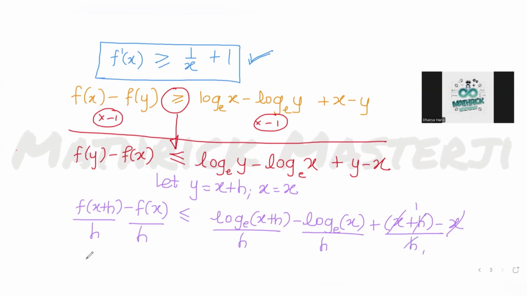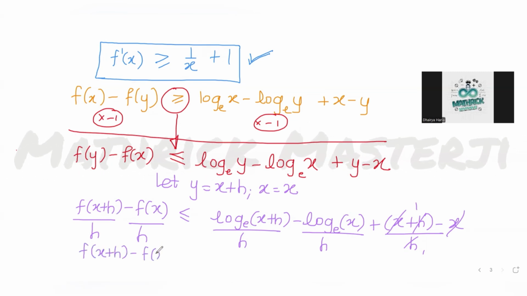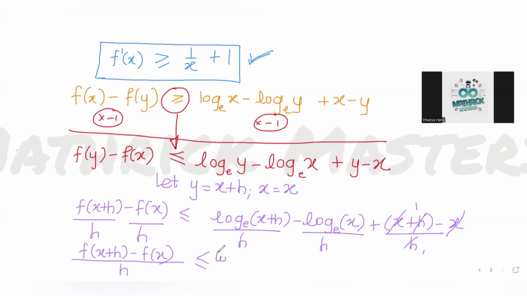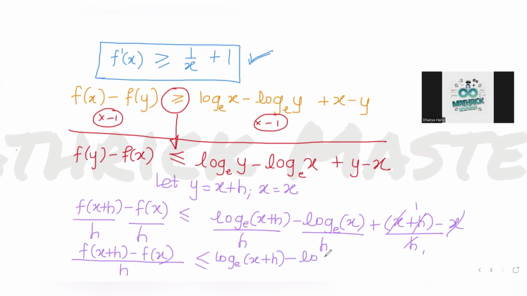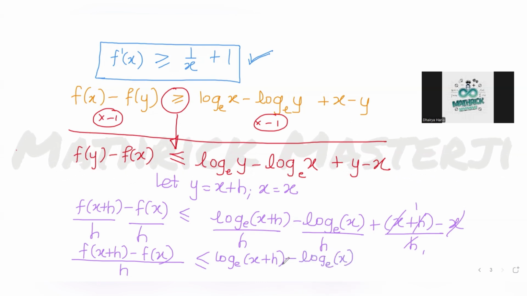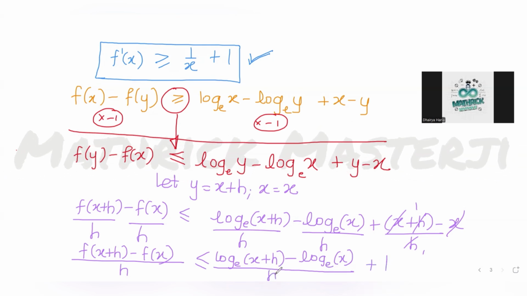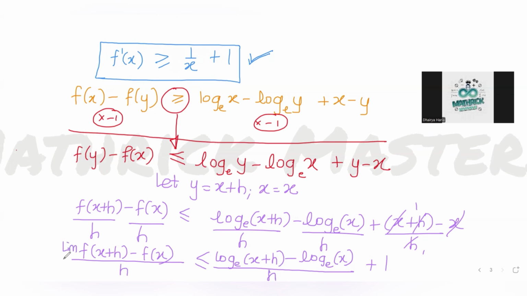So I get from here f of x plus h minus f of x over h less than or equals to natural log of x plus h to the base e minus natural log of x to the base e over h plus 1. Now once I have this, I'll take the limit again on both sides where h tends to 0.